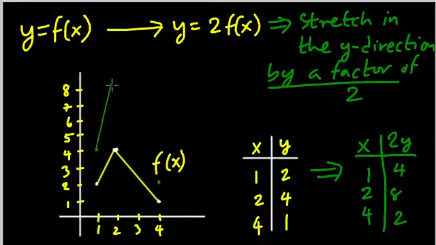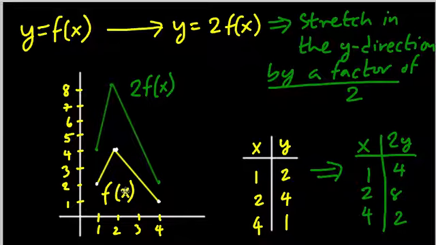Before I continue, let me write what this new function is. This is 2 f of x. The yellow one is the original function right here, and 2f of x is right here. Clearly we can see that this original function has been stretched by a factor of 2, and it really looks like that.